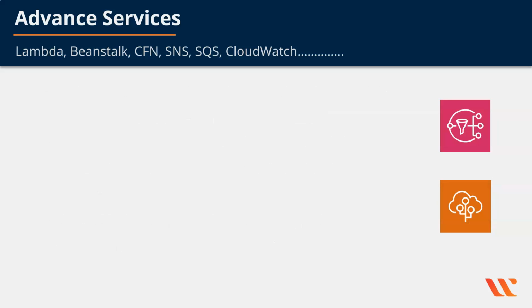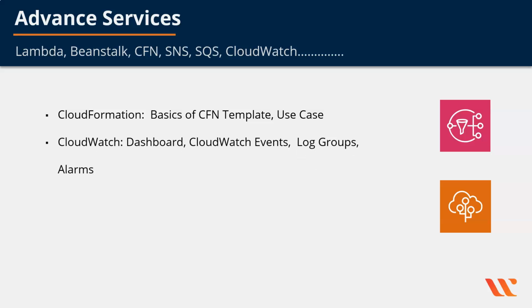Let's see a few more advanced services. CloudFormation. You should be aware of basics of CloudFormation and their use cases. CloudWatch. You should be aware of what is CloudWatch dashboard, CloudWatch events, log groups, and alarms.